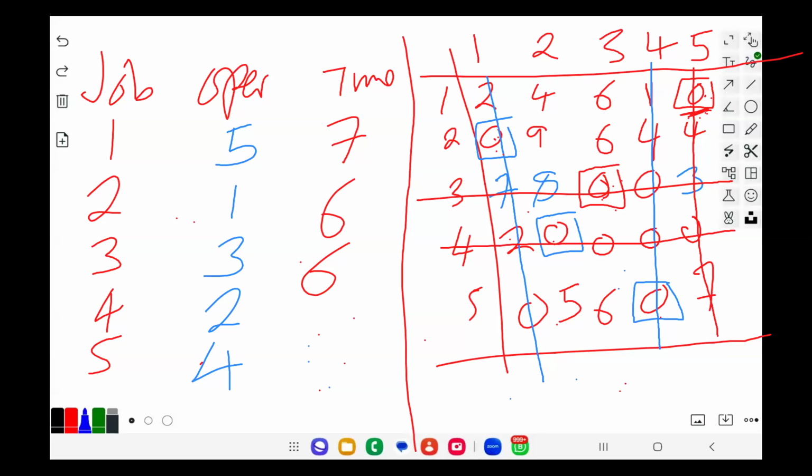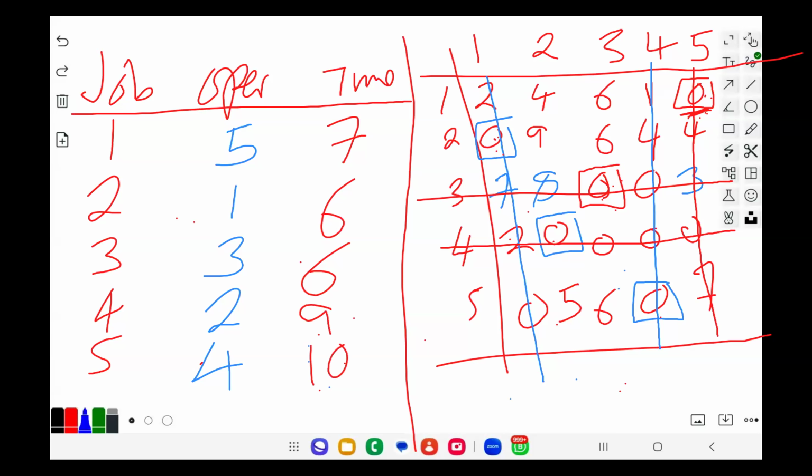So on square number 1 there was 7, on square number 2 there was 6, square number 3 there was 6 also. What about 4? There was 9. And on 5 it was 10.